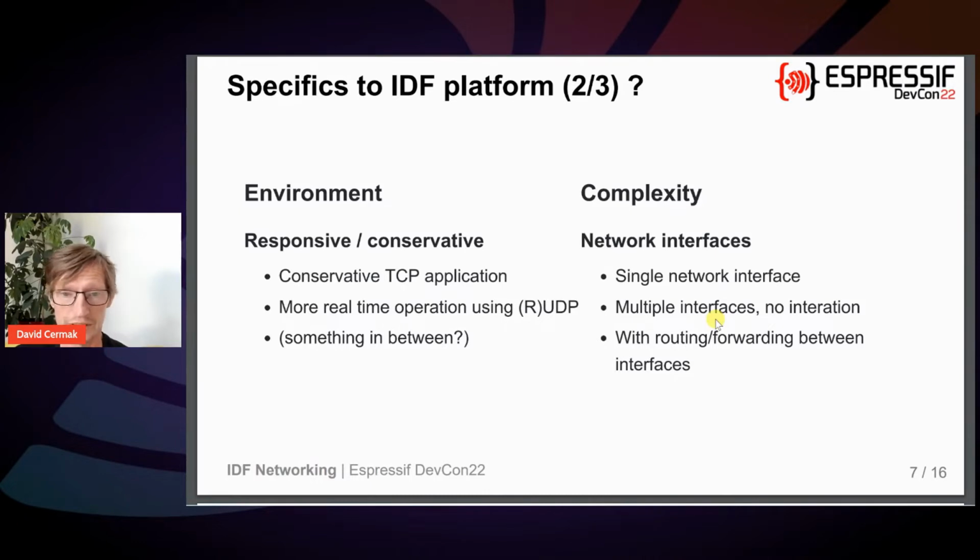All these interfaces have different priorities. If we have all of them up and running, we preferably use Ethernet or Wi-Fi. If Wi-Fi is down and Ethernet is down, then we go with the cellular network connection over PPP or PPP over serial.